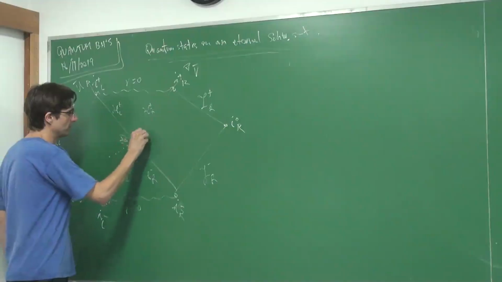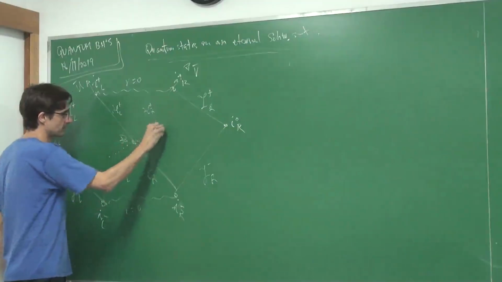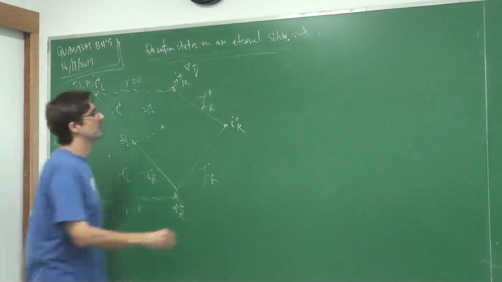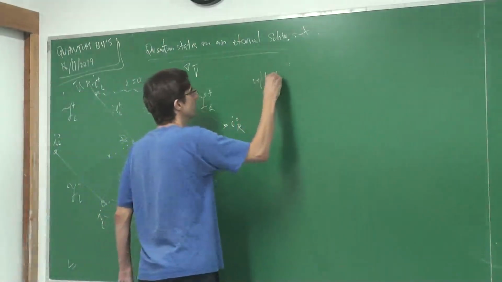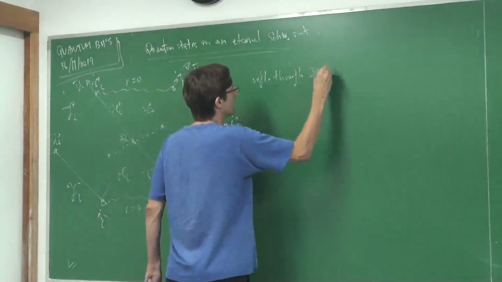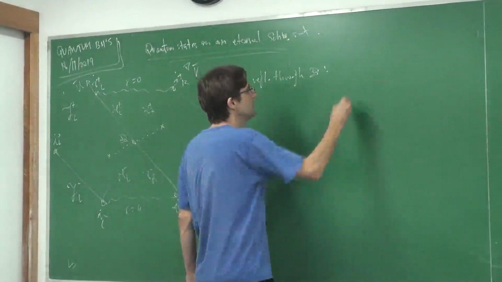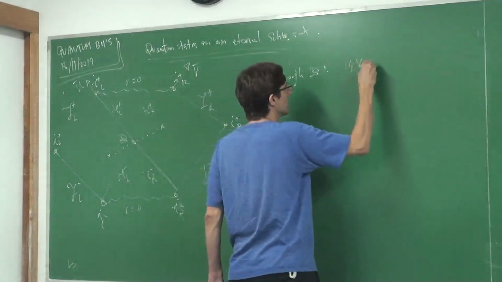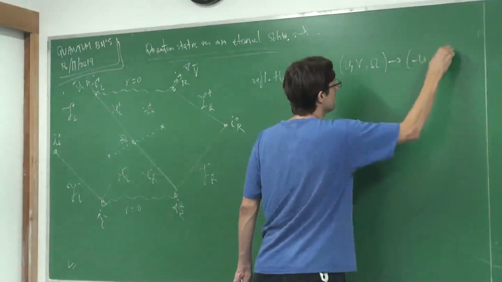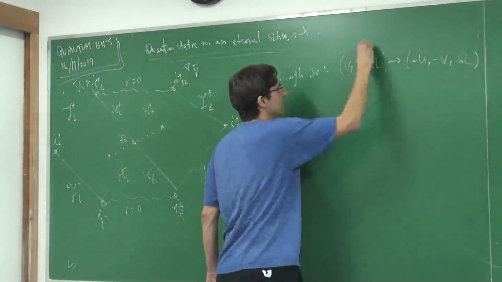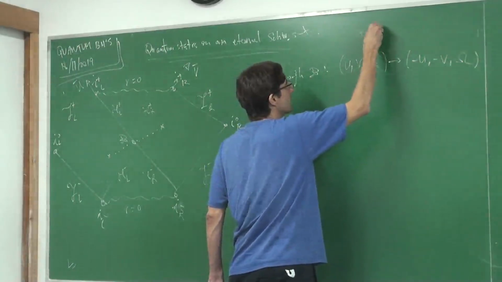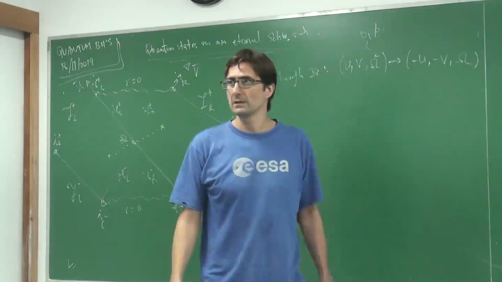Reflection through the two-sphere is just changing the sign of U and V, and by the omega I mean theta and phi. You leave the angles intact.